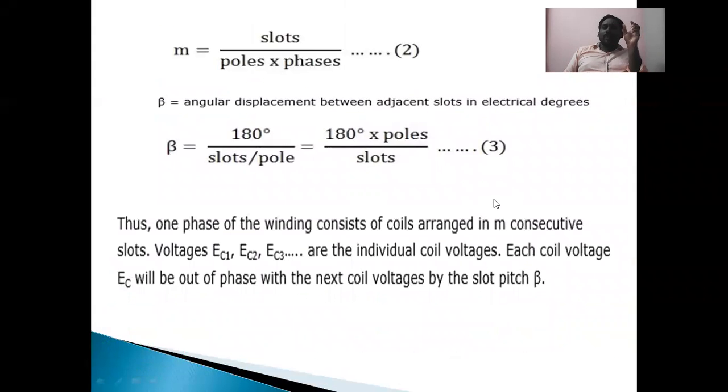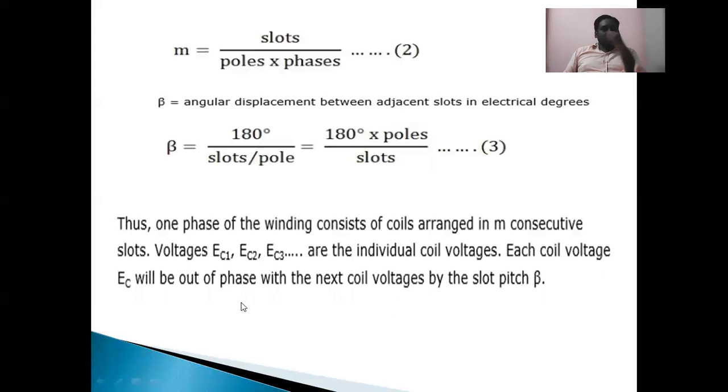But in distributed winding, the coils are distributed throughout the slots, and due to the phasor difference there are different voltages. That is why EC1, EC2, EC3 are the individual coil voltages for distributed windings, and for concentrated windings the arithmetic sum of EC is the voltage.